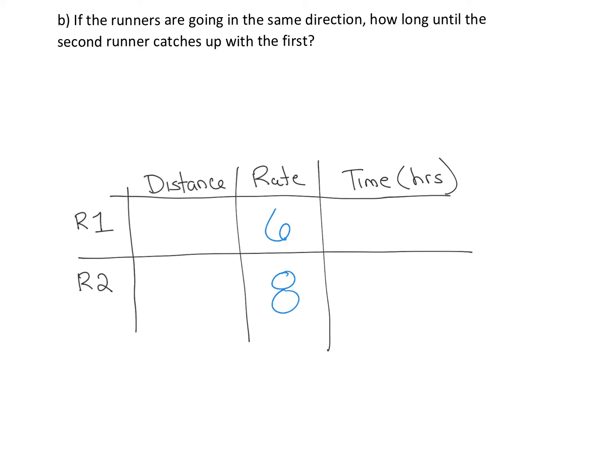Now, if you think about this, runner number 1 starts, and then 5 minutes later, runner number 2 starts. So in terms of time, I can say that runner number 1 is going to run for t hours, but runner number 2 isn't going to start for 5 minutes, so it's actually going to go t hours minus 5/60ths of an hour.